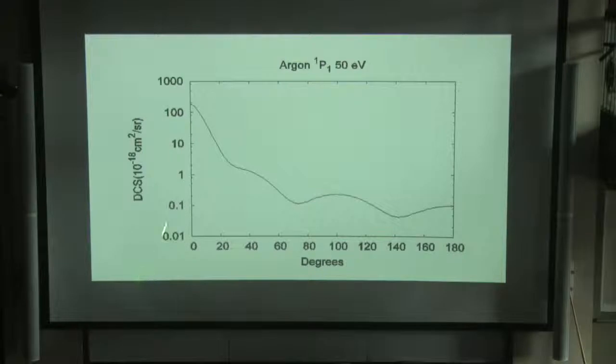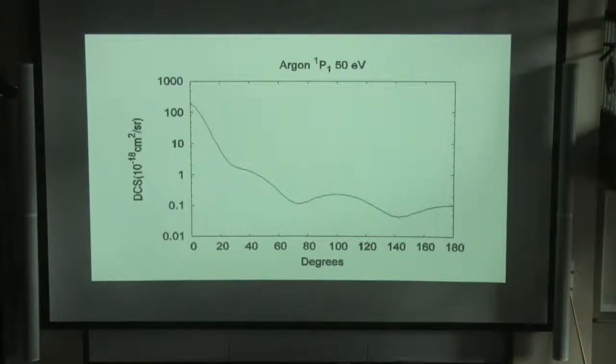It's got a log scale on it, and this is important to make sure you understand what's going on here. The log scale is misleading because it gives you the wrong impression. But it is an allowed transition, and so it has this typical forward peak, and more or less a linear fall off here, and quite a high value here.